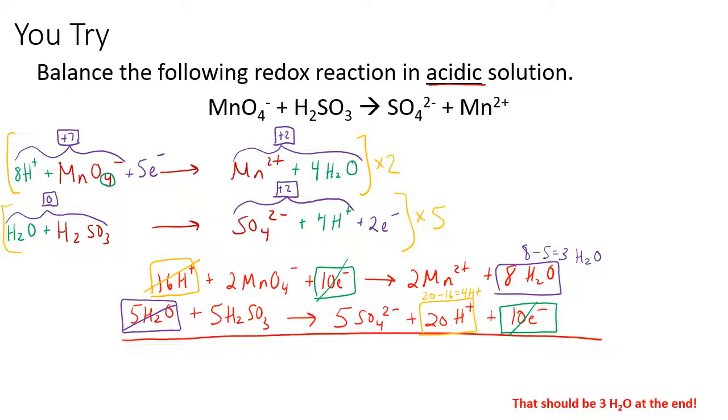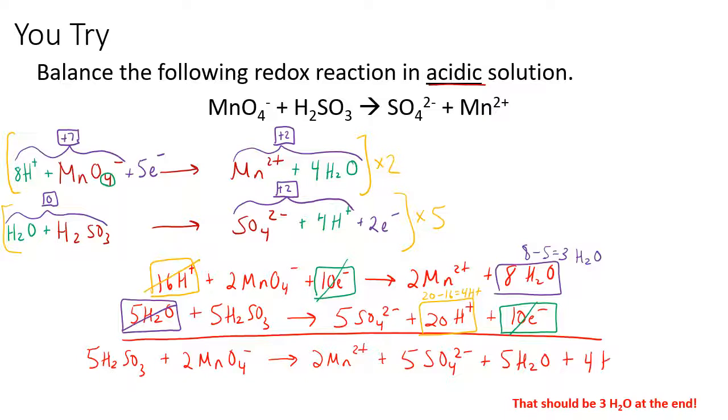What we'll be left with is 5 H2SO3 plus 2 MnO4 minus, forming 2 Mn2+ plus 5 sulfate SO4 2- plus 5 H2O plus 4 hydrogen ions, 4 H+. This would be our overall balanced equation in acidic solution.